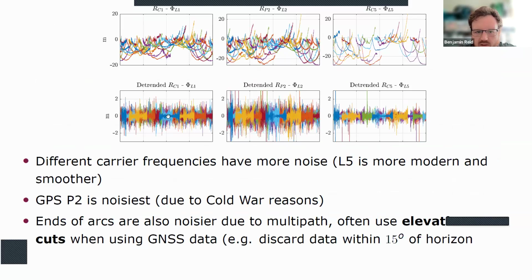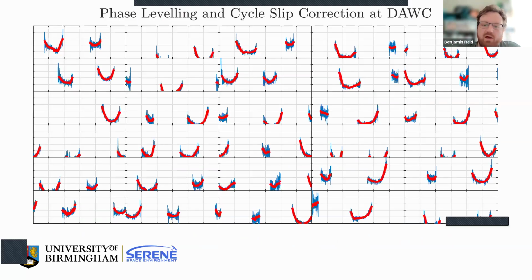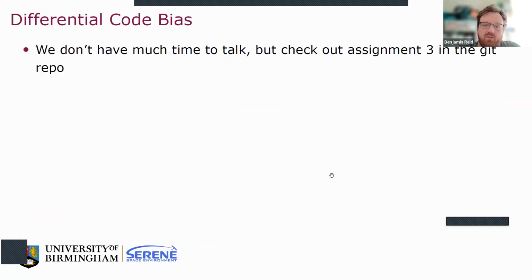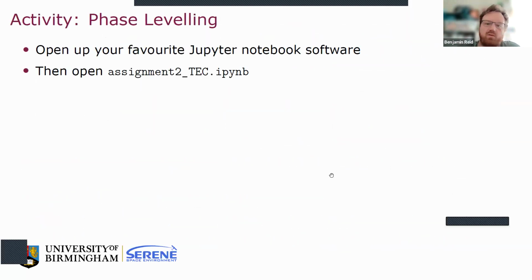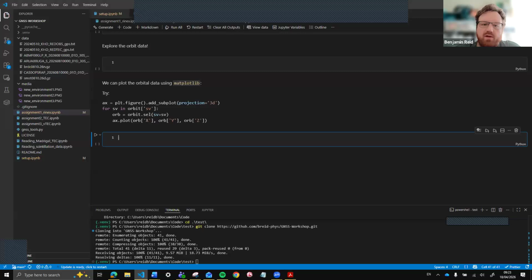You can see it's lots of noise, smoother, and then lots of noise. This is that multipath again. So people often say, oh, get rid of data that's within 15 degrees of the horizon and stuff like that. But basically, that's how you calculate TEC. We'll work through it. We'll go back to the notebook and look at the second example.